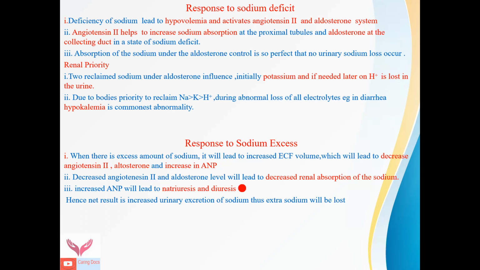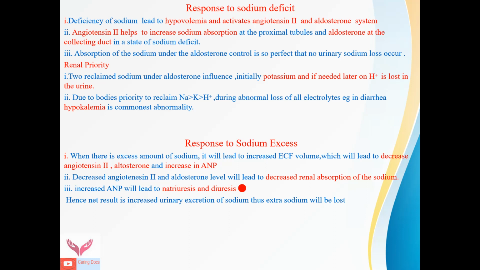This ANP will lead to natriuresis and diuresis, and hence whenever there is sodium excess, there will be decreased angiotensin 2 and aldosterone and increased ANP, and this will lead to decreased renal absorption of sodium and increased water loss, or we can say diuresis, and also natriuresis.